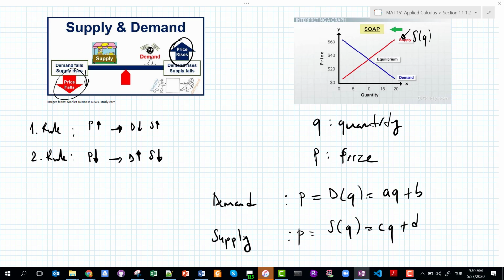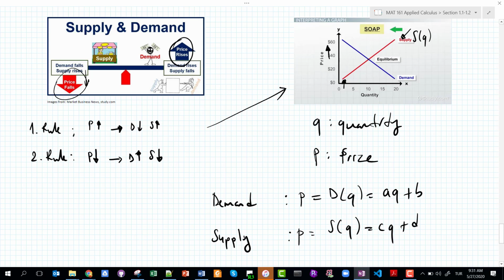If you look at the soap demand from here, as the price increases, the demand amount is less than these amounts. If the price drops, demand will increase. So you can observe on this graph what these two rules say.